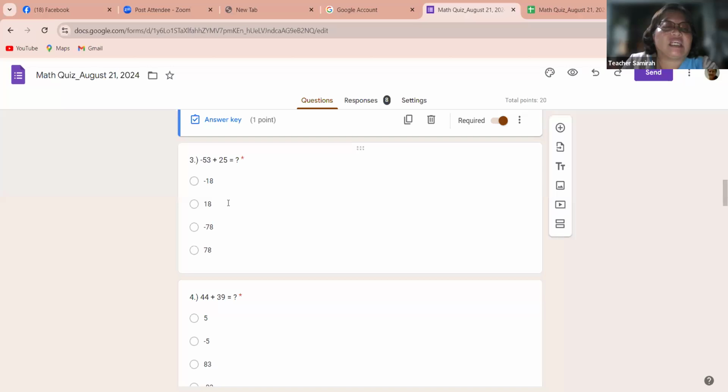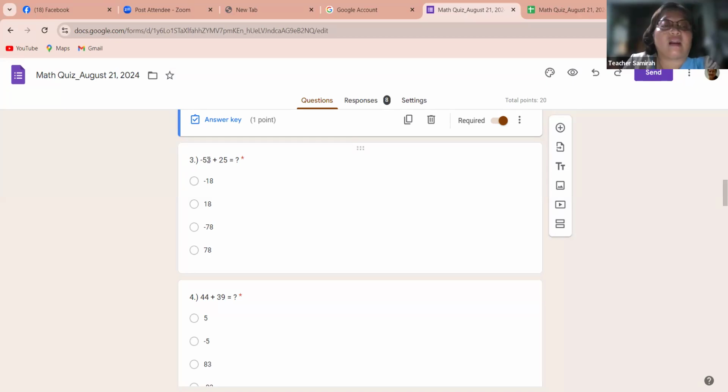Negative. Okay. So negative 53 plus 25. What should be our answer? Is it negative 18, positive 18, negative 78, or positive 78? So there are two integers with two different signs.